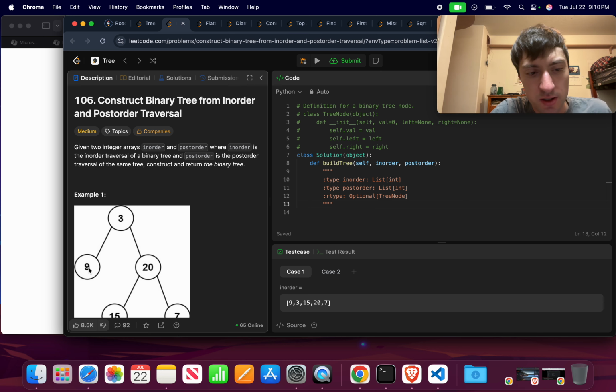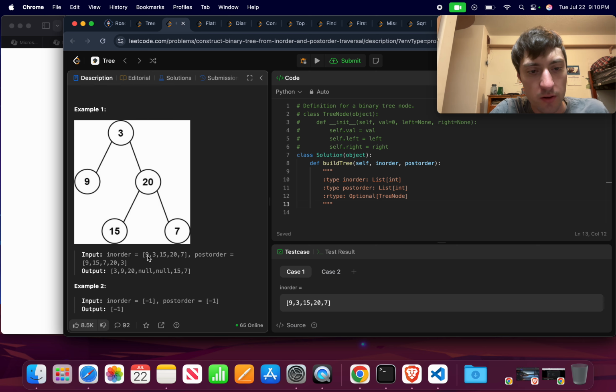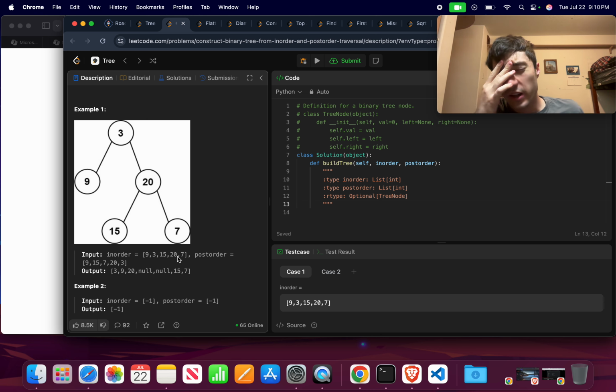So I processed this one, and then I processed this one. So it's 9 and 3 for Inorder, right? 9, 3, and then come here to 15, process it, then 20, then 7, right there, right? So what information does this problem give? That's the question. Okay.